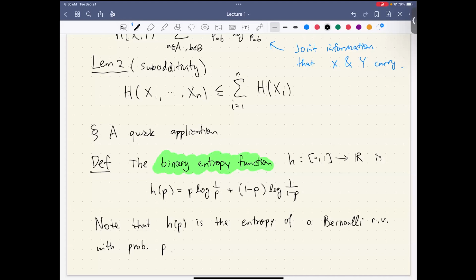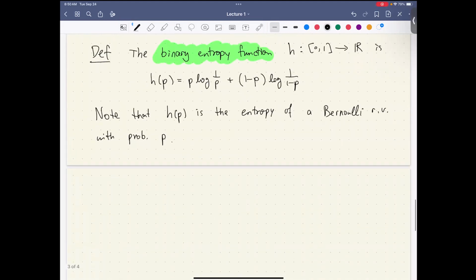We can estimate binomial coefficients using this binary entropy function. So why is this useful?